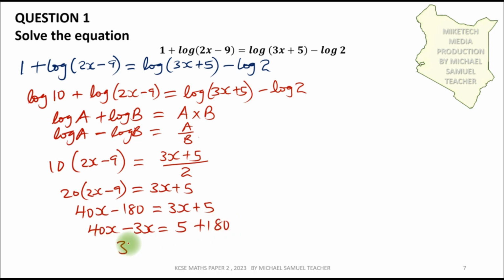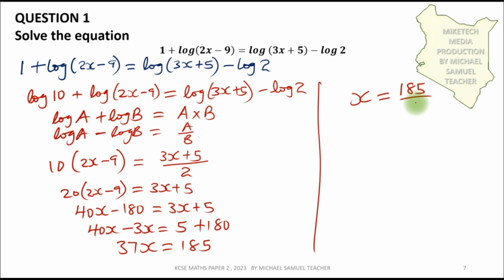So this will be that 7x is equal to 185. Therefore, if we divide both sides by 7, x will be equal to 5, and that is the value of x in this particular logarithmic equation.